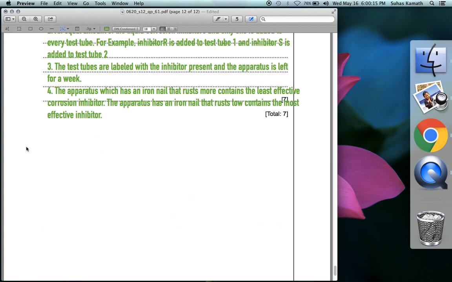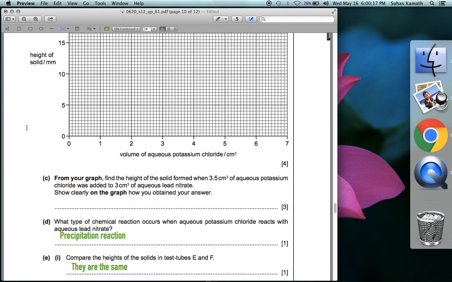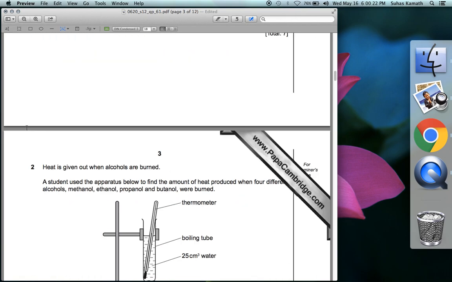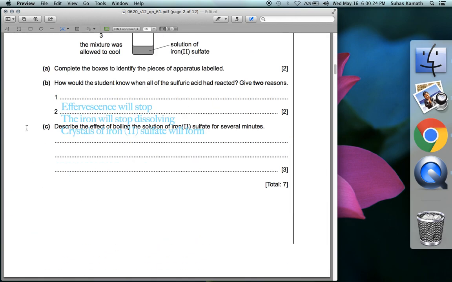Okay, so now we are finished with this one. So let's open our mark scheme. There, now we will open our mark scheme here.